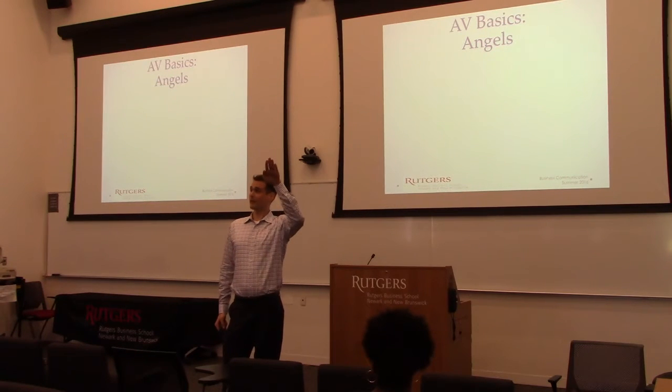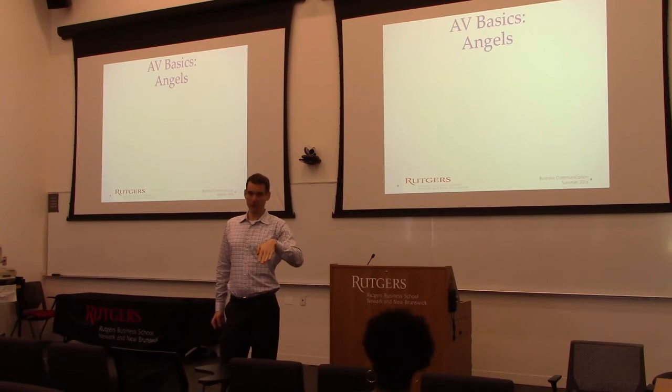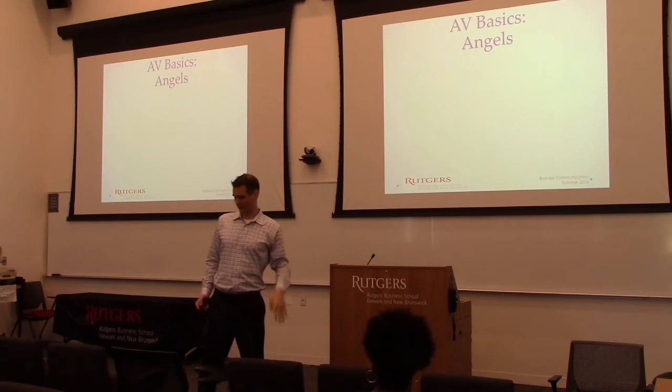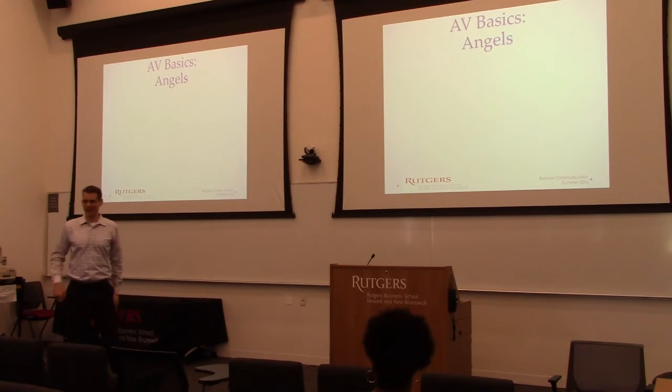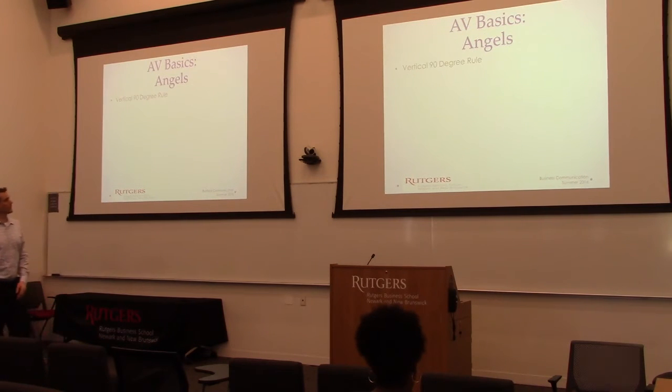We don't want it high looking down on us, and we don't want it low looking up on us, giving the impression as if we're higher than the camera, higher than the audience. Vertical, all right? We typically want a 90-degree angle. There are some problems when we don't have a 90-degree angle. One I call a heavy top, the other I call a mischievous bottom. So a heavy top would mean a camera that is low, looking up at us.